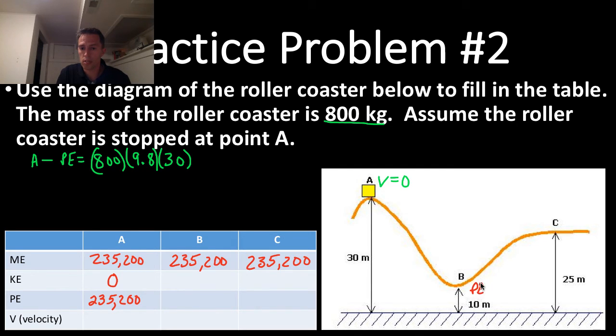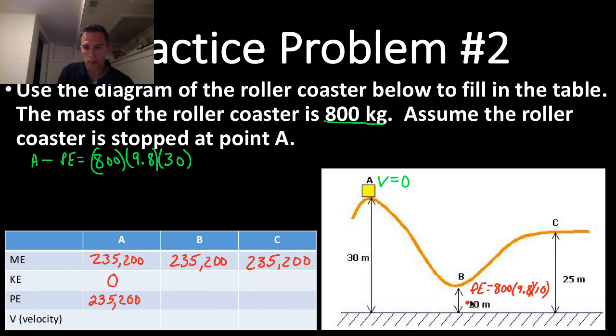So let's find its potential energy right here. We take its mass, which was 800, times 9.8, and times its height, which is 10. So 800 times 9.8 times 10.